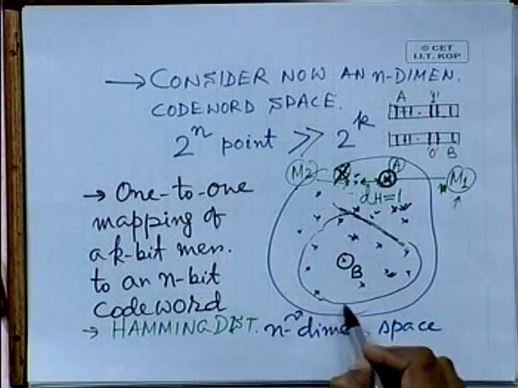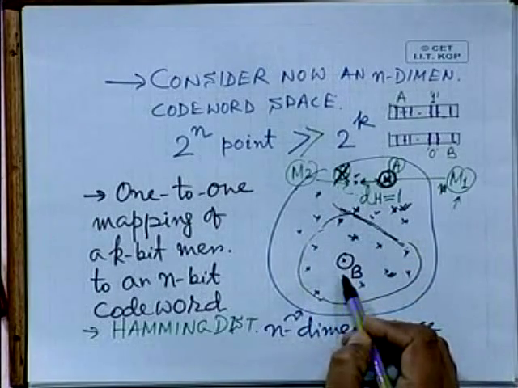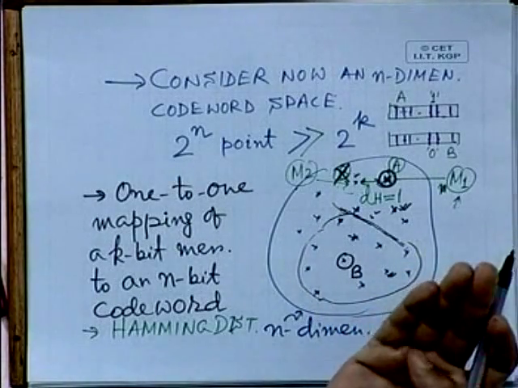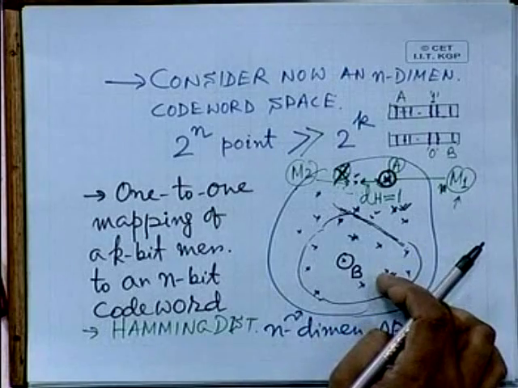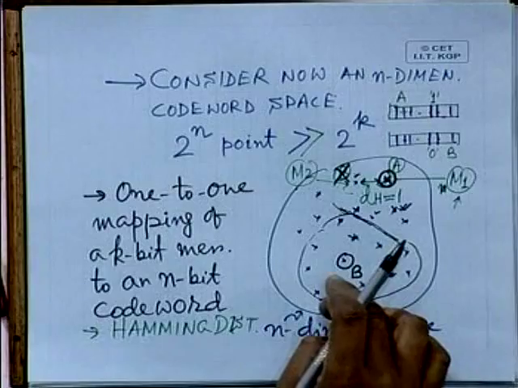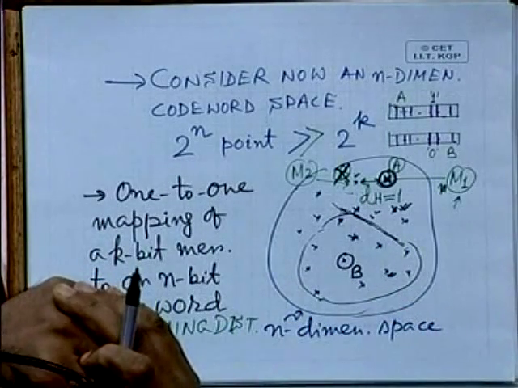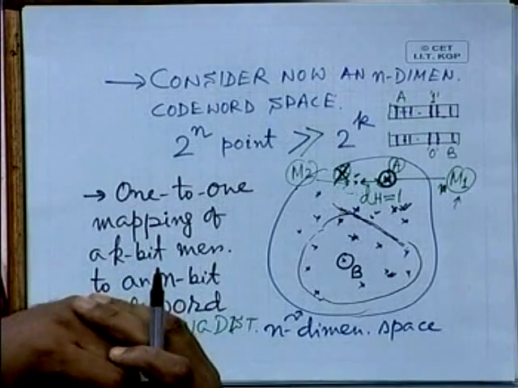Then the important issue is how to find this region or domain of B really, so that if I get a received n tuple within this range, I will just blindly say most probably that the corresponding transmitted code word was B. I said most probably. Do you agree to that? Yes. Isn't it? Because the error pattern is something which you do not know, you can never bound really.